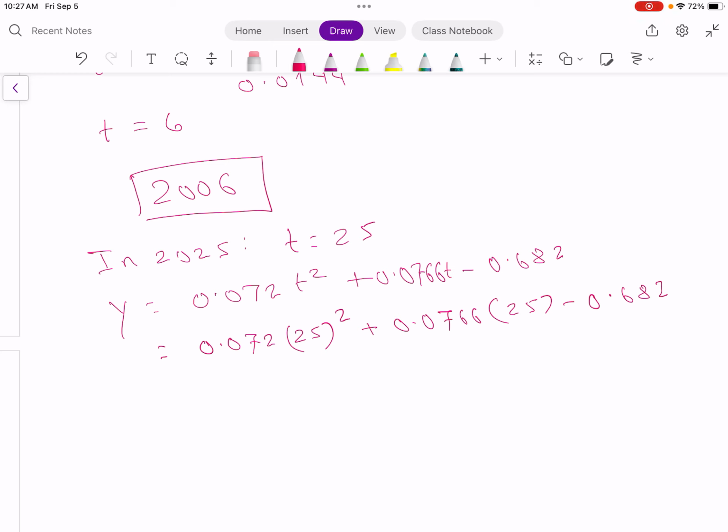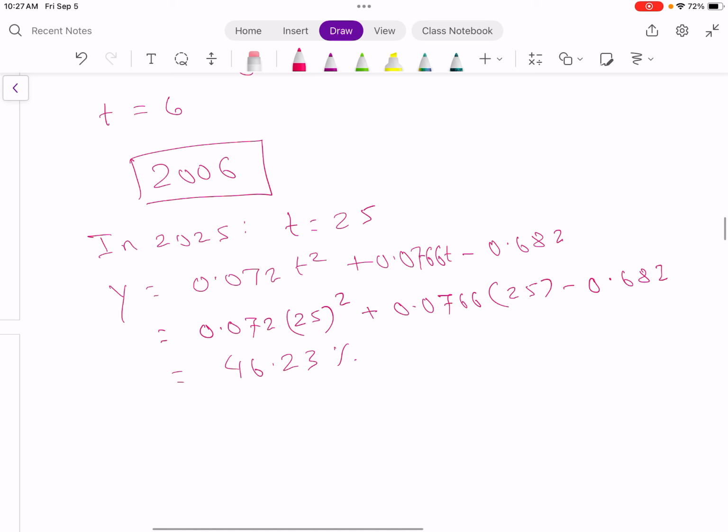So the mobility rate is 46.23%. So this is the mobility rate for 2025.